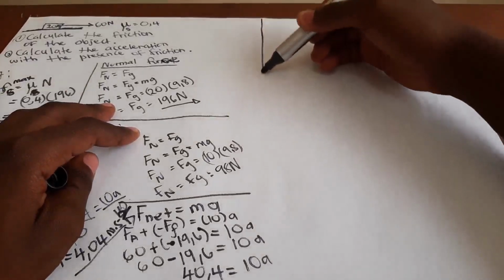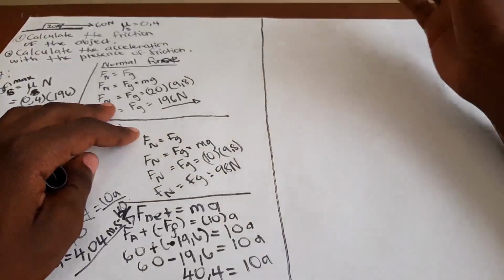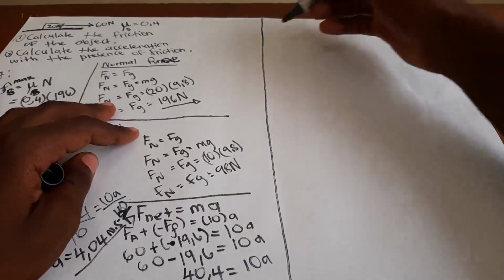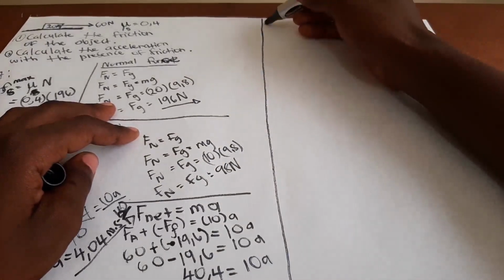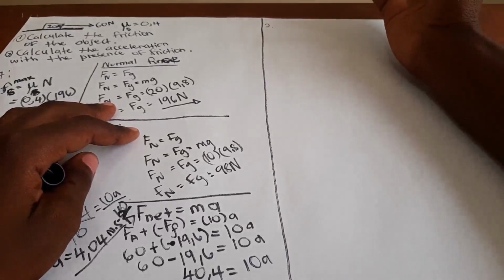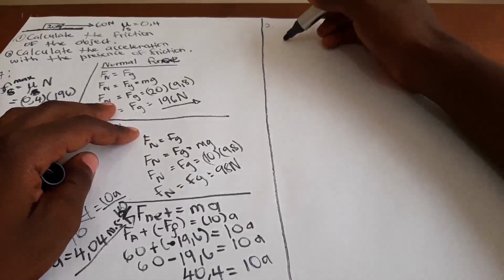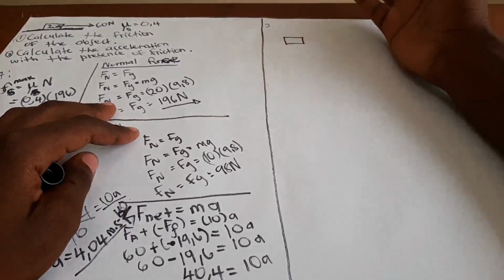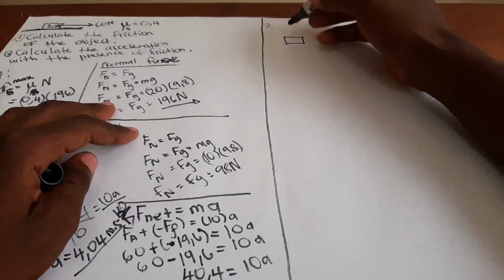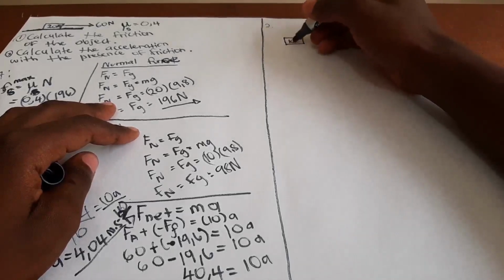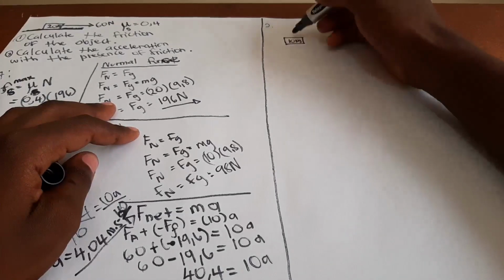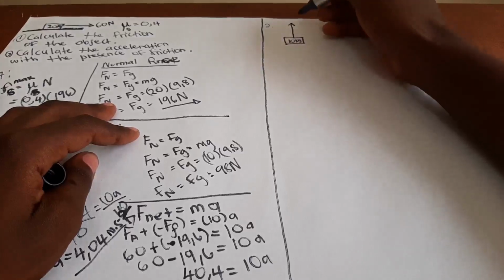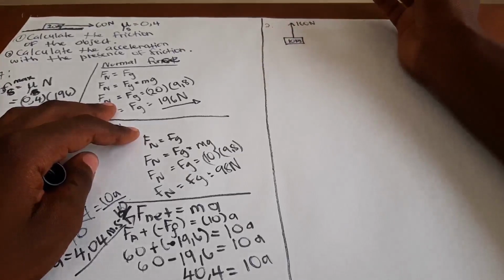So this scenario is our scenario 2. We have our 10 kg, but now we are going to focus on the vertical forces. This is our 10 kg. This is the force that is being applied, which is equal to 160 newtons.